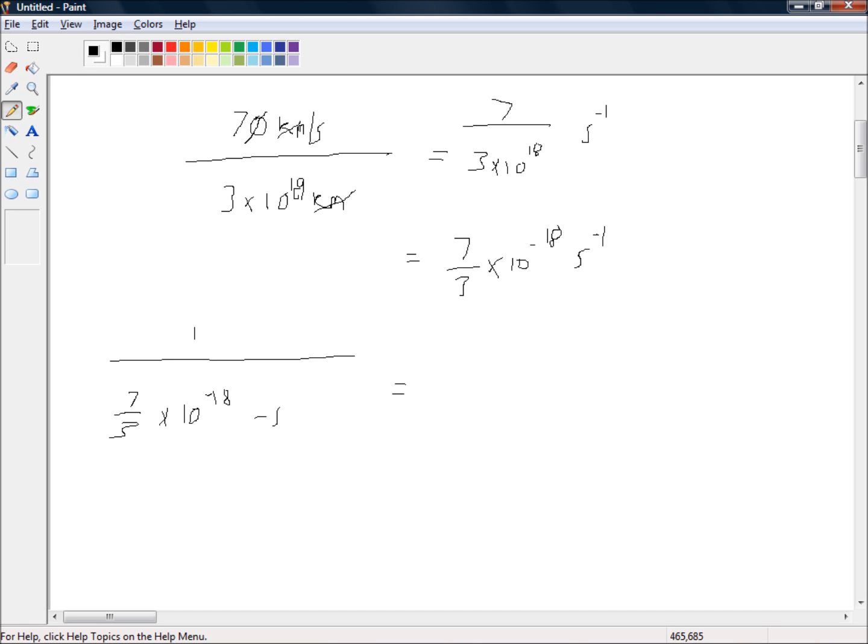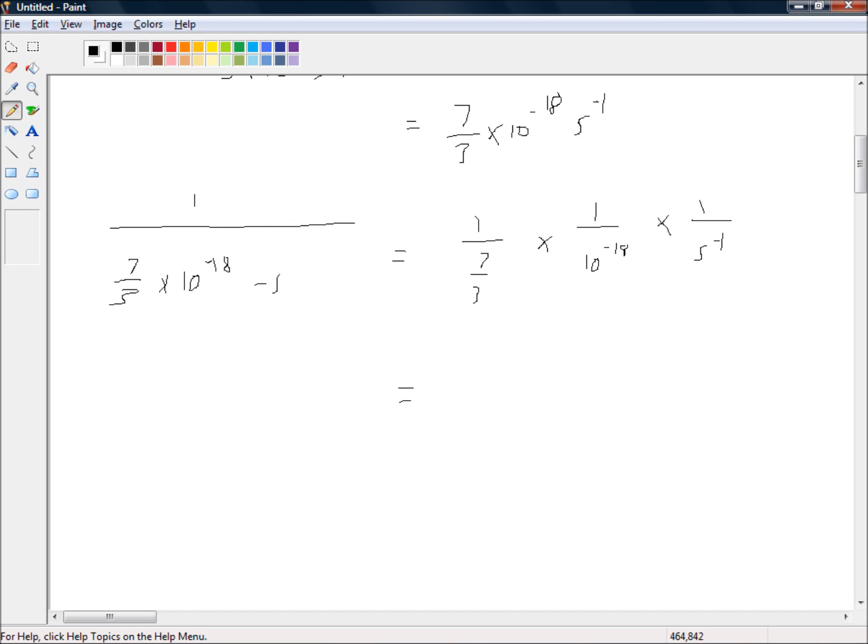So that's equal to 1 over 7 over 3, which gives us some practice with our fractions, multiplied by 1 over 10 to the power negative 18, multiplied by 1 over reciprocal seconds.